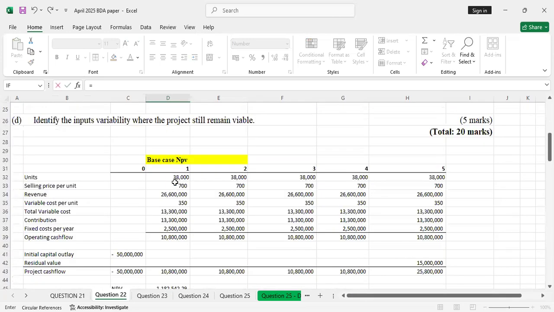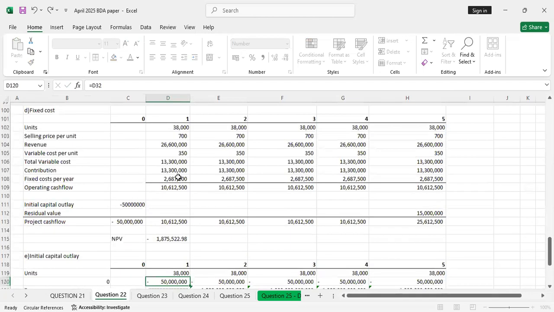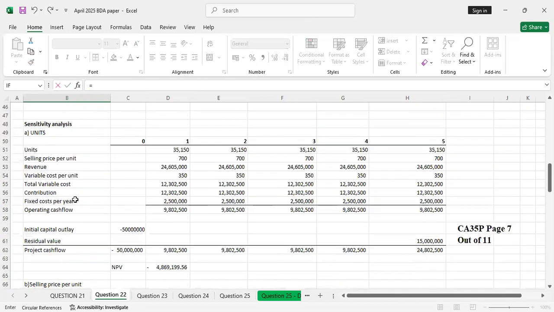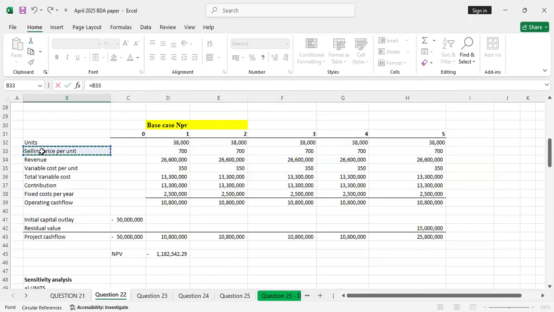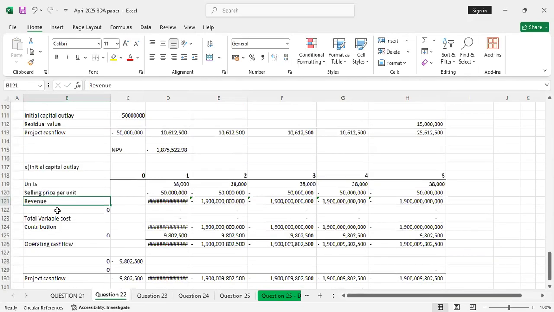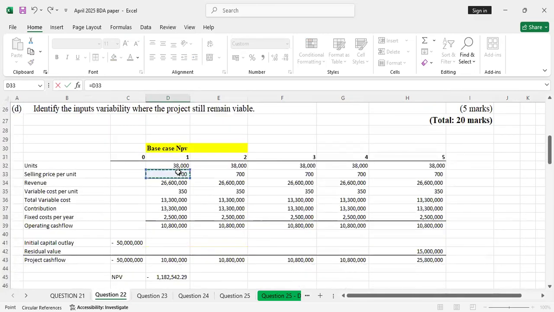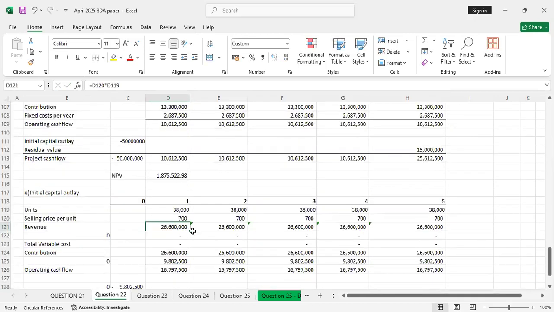You go back to the original data. Don't get tired. For this I can just drag here also. Sorry, why is it giving me units? Let me just copy the selling price per unit. Revenue. Selling price per unit was 700. Revenue, that one.